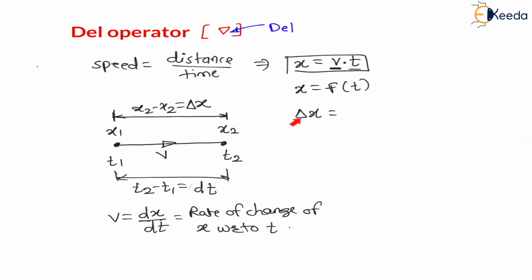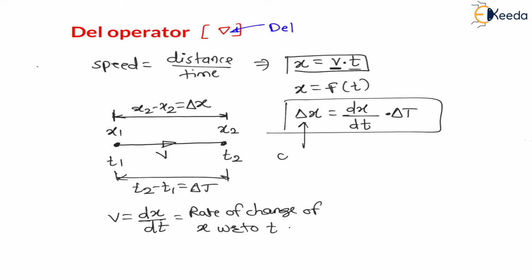Therefore, this del x, change in distance, will be written as the rate of change of x with respect to time, dx by dt, into del t.